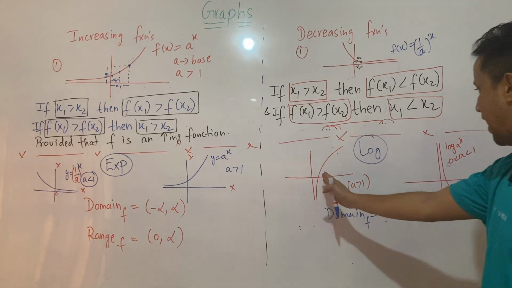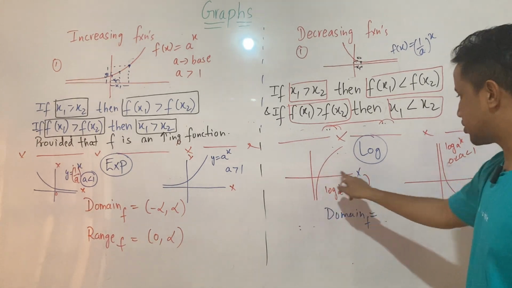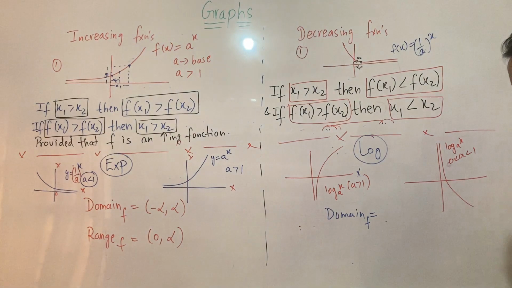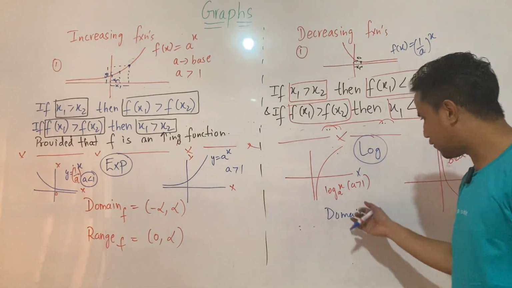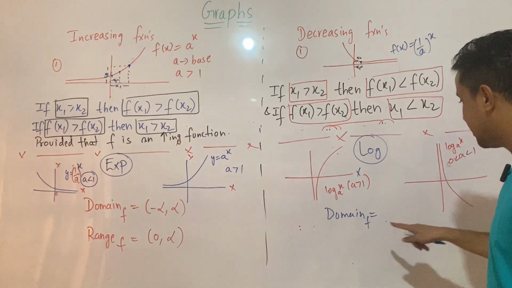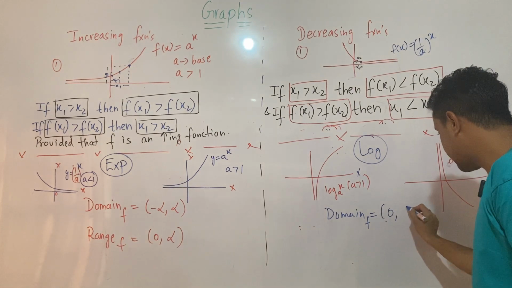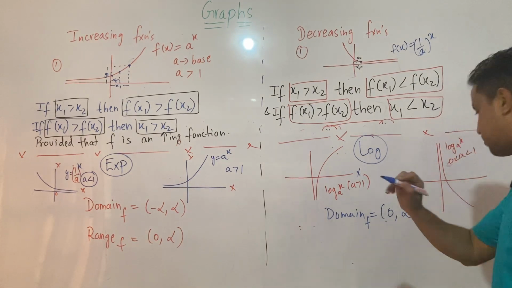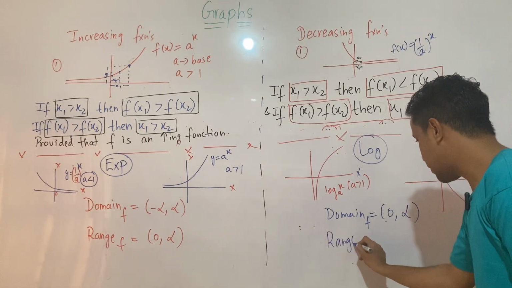Look at the x side. It's just going to take the positive values of x, because the logarithmic function is only defined for positive real numbers. They are not defined for negative numbers. So the domain is 0 to positive infinity.